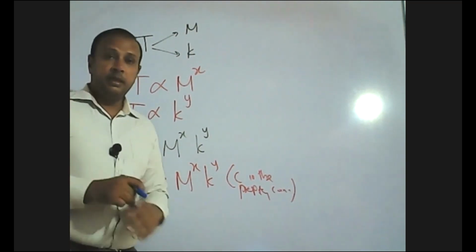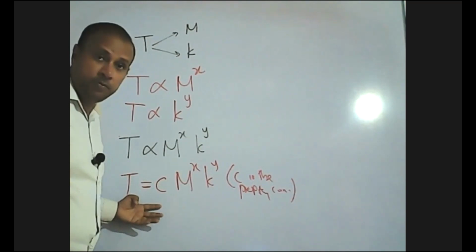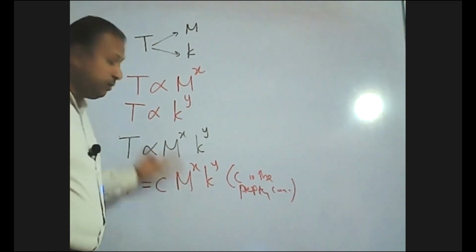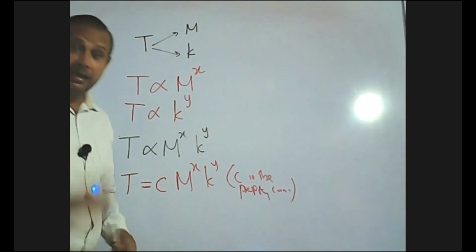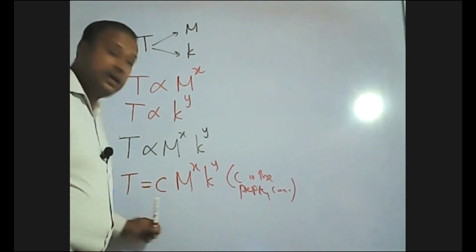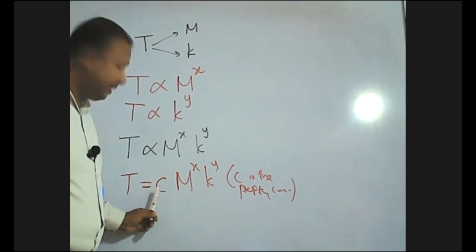Now, according to my assumption, I have derived an assumed equation. In this equation, there are some unknown terms. What are those?